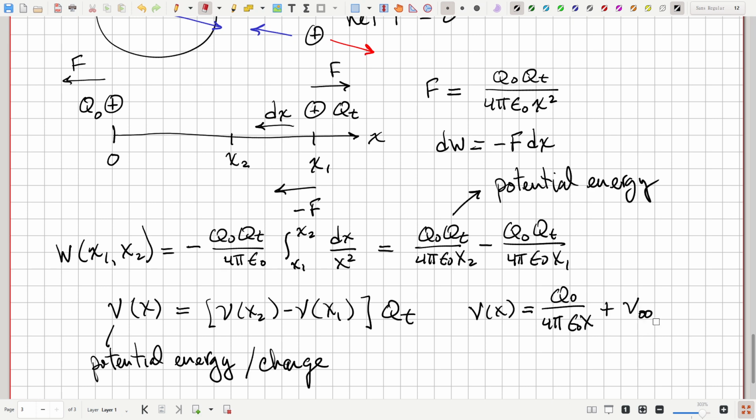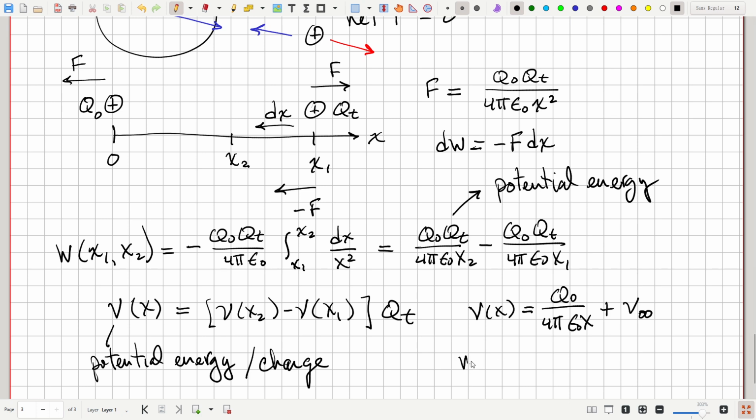And we'll call this V infinity, because when x goes to infinity, 1 over x goes to 0, this term goes to 0, and we're just left with V equal to V infinity. So that will be the potential at infinity, when the charges are infinitely far apart. And we could take that to be equal to 0, but not necessarily. We could choose something else as our 0 voltage reference.